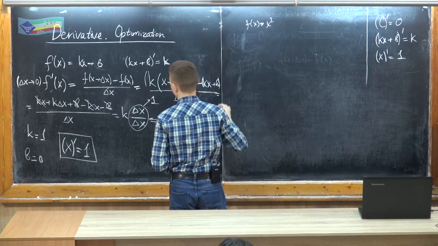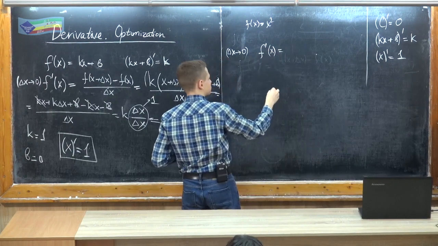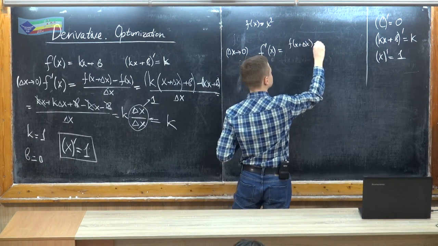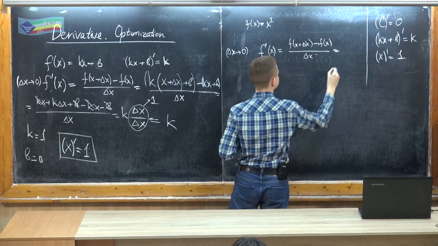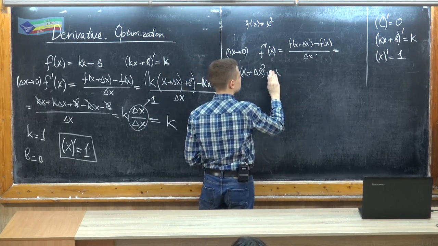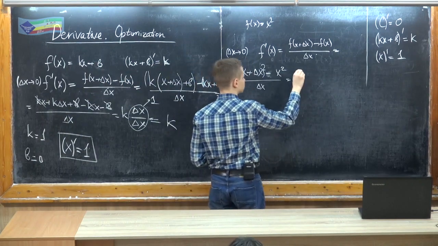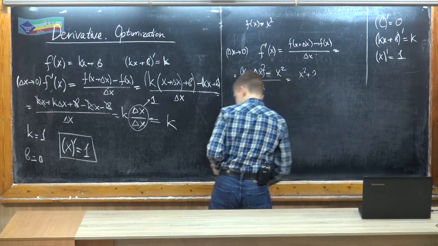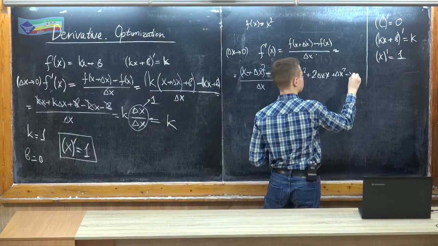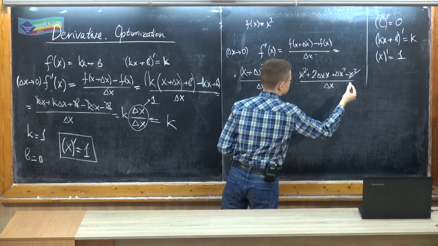So now we have a quadratic function, and as delta x approaches 0, we will have the derivative of this function at point x equal to... we are substituting delta x, and x is nullifying.